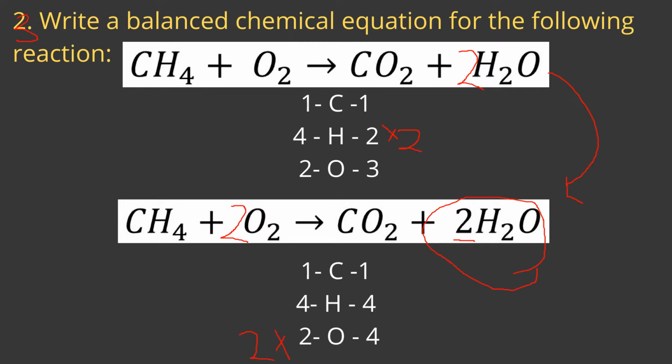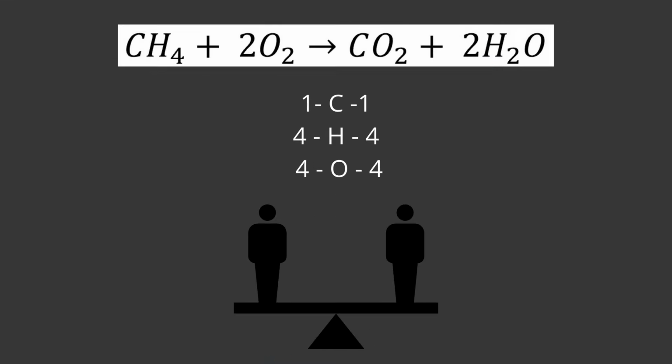And now let us look at what our equation will actually look like. So our equation will look like this. Now we've added the coefficient of 2. Then you check again. Check the number of carbons. You must get 1 on this side and 1 on this side, right? The number of hydrogens, you must get 4. Even on this side, 2 times 2 gives us 4.